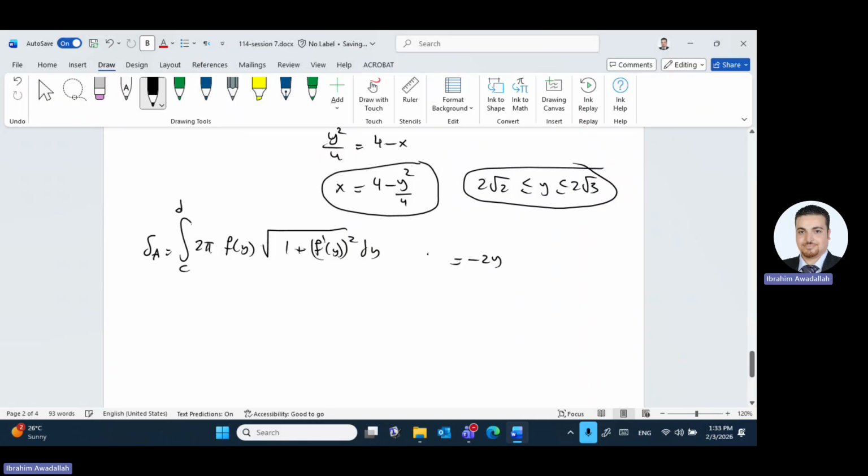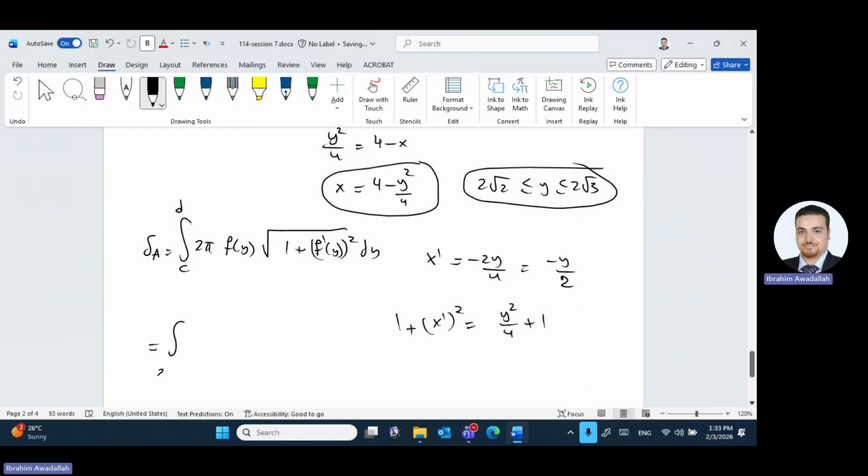Let me write that. x prime, one more time, 0. This will be minus 2y divided by 4, which means minus y over 2. x prime squared will be y over 2 squared, sorry, y squared over 4. Plus 1.